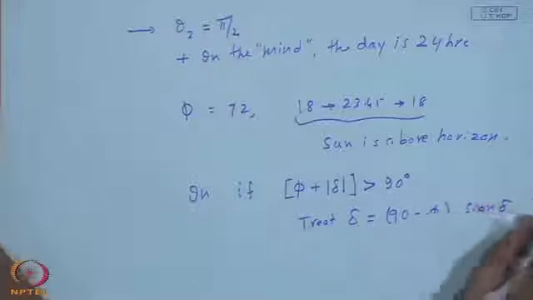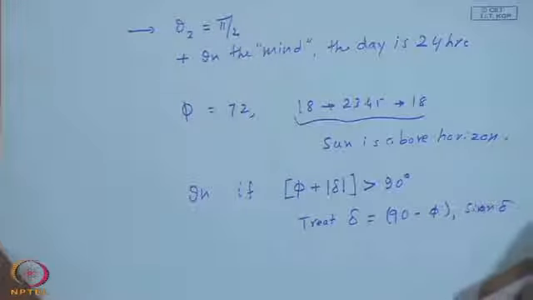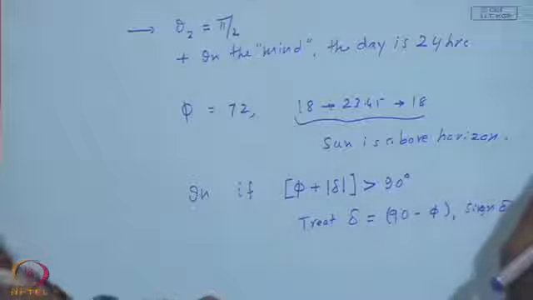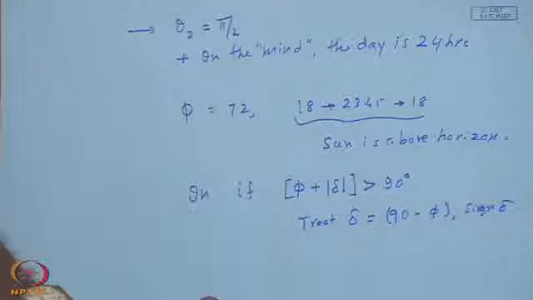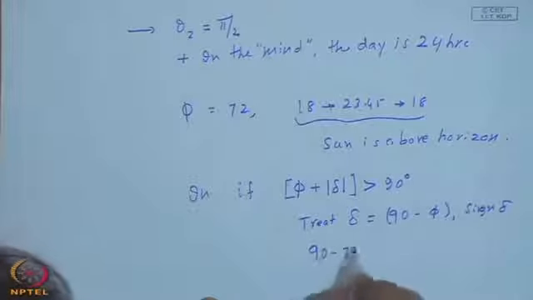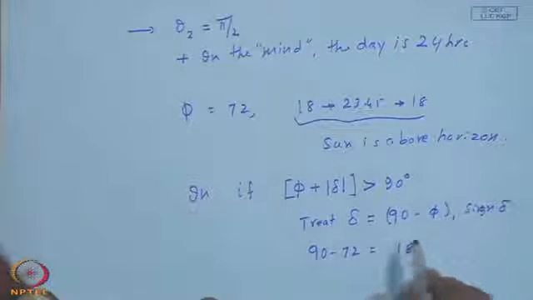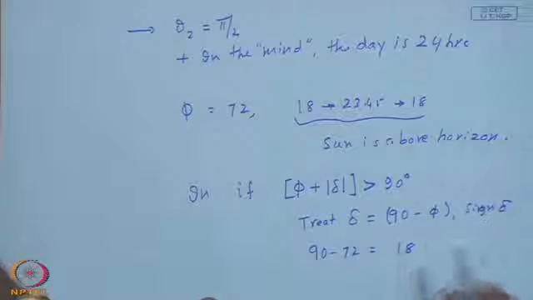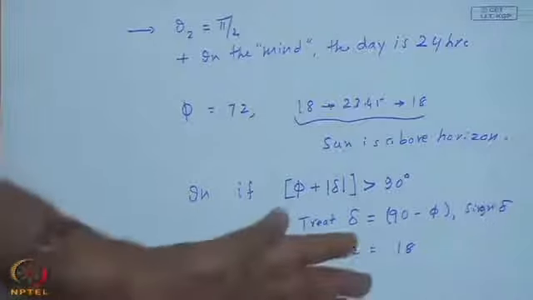I think this is a computer language: sign of delta times magnitude of 90 minus phi. In this case, if you have 90 minus 72, you will get it as 18. If it is originally minus 20 or plus 20, you use it as minus 18 or plus 18. Okay.